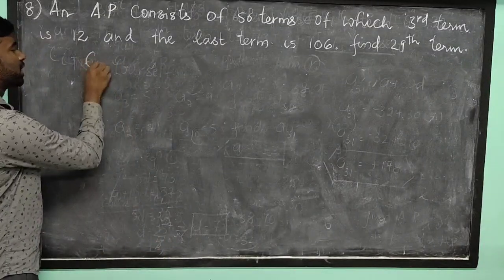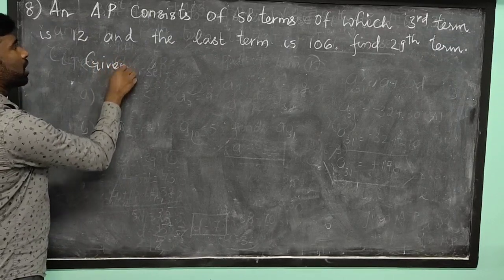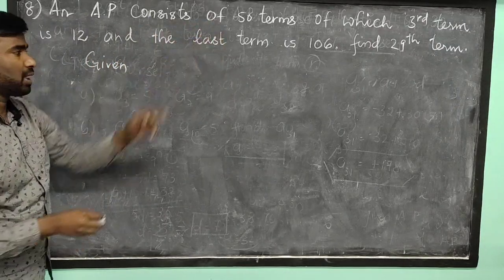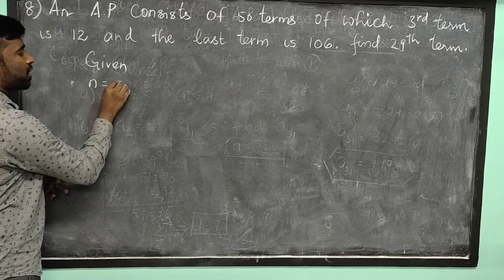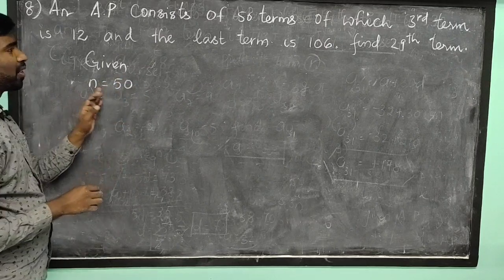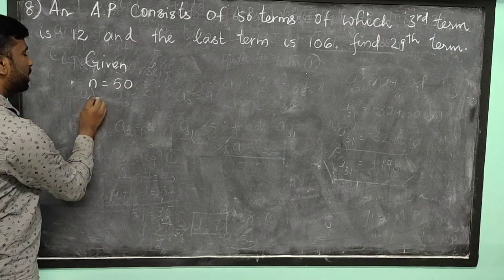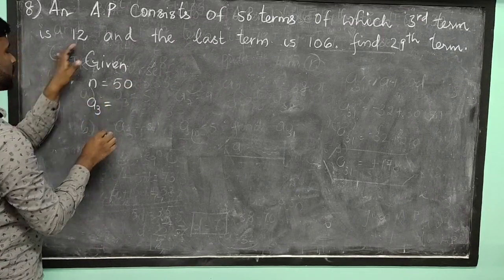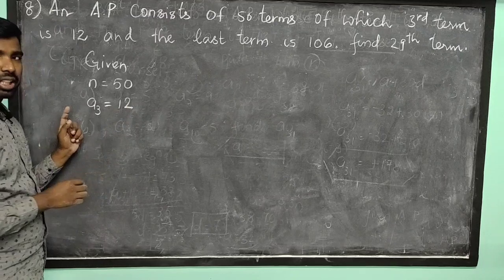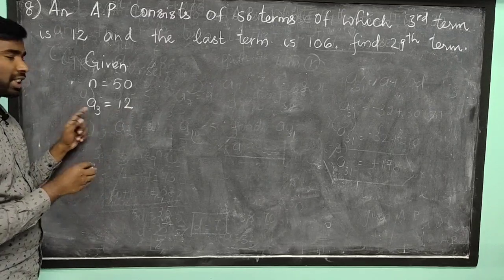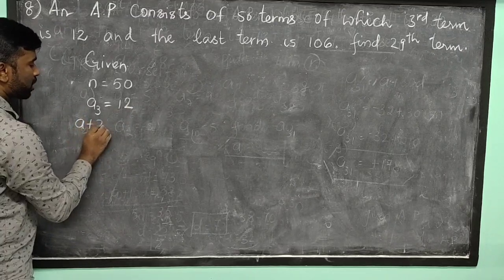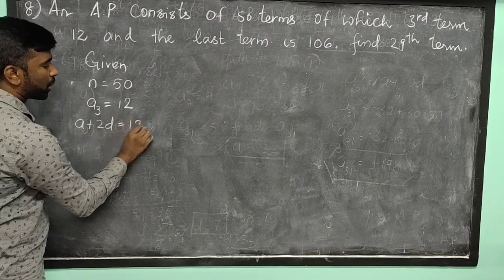Students, now the data given: an AP consists of 50 terms, that is N equals 50. So the number of terms is 50. Now given A3 equals 12. Using the general form of AP, A3 can be written as A plus 2D, which is equal to 12.